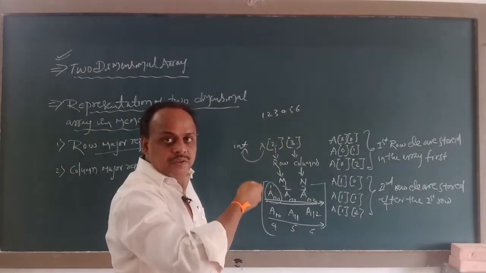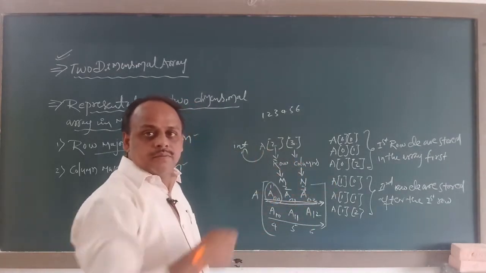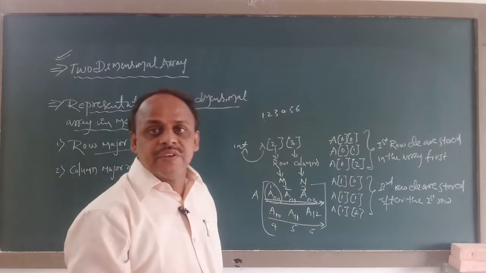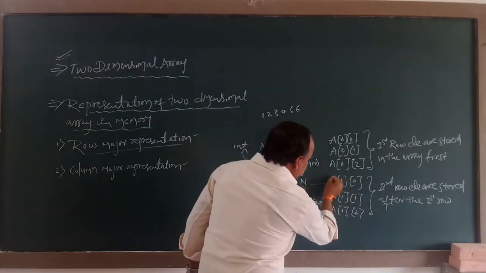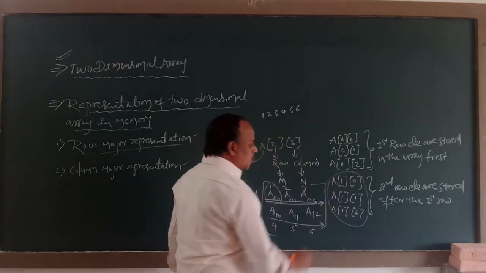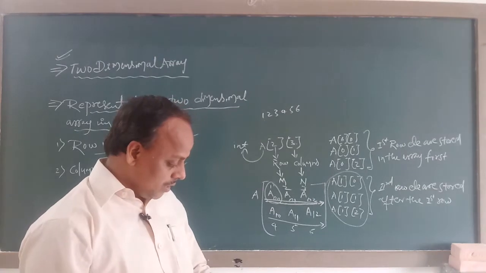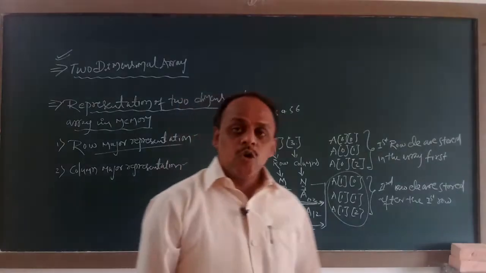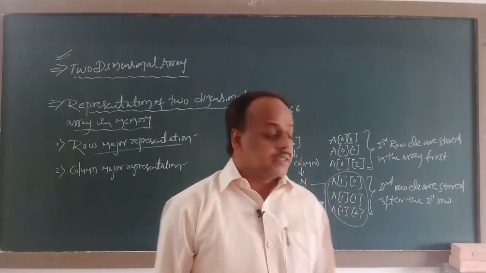In the row major order, the first row memory locations are filled with entered elements. Afterwards, the second row memory locations are going to be filled. In this way we can represent row major representation of a two-dimensional array, right?